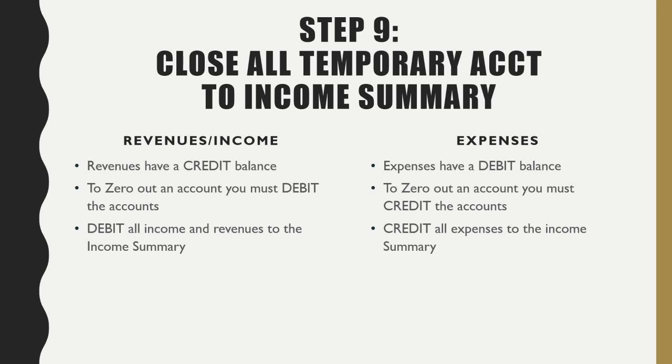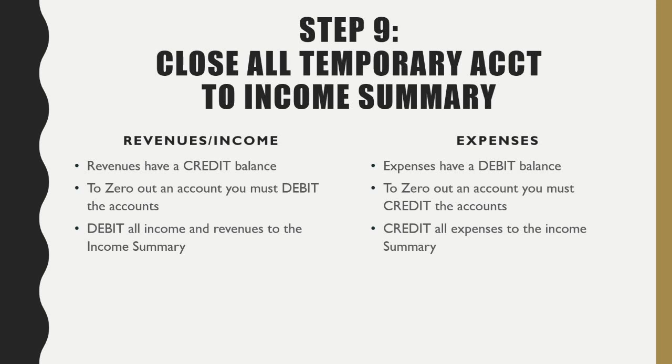So then when we start a new accounting cycle, everything is at 0. So we can have a perfect measurement of profitability, because we're starting at 0 at the end of every accounting period to be able to measure our profitability.